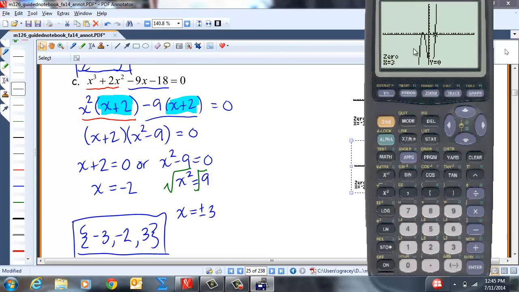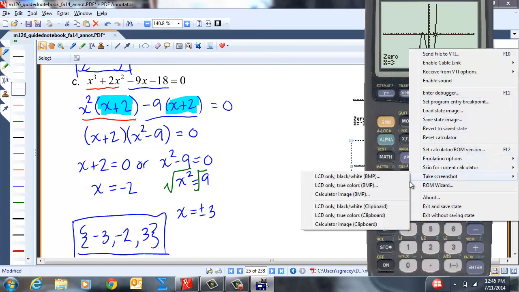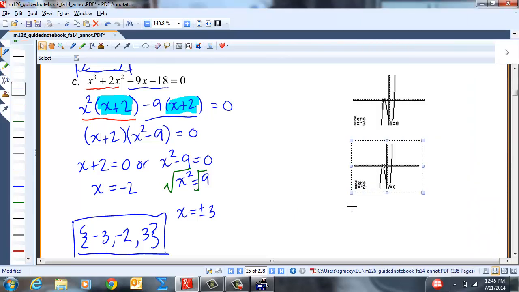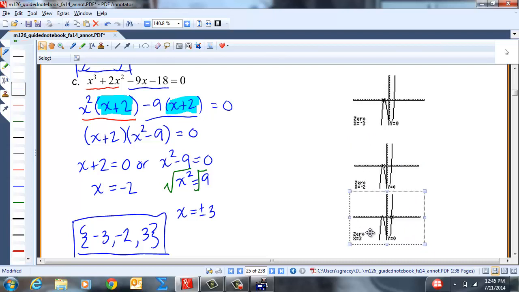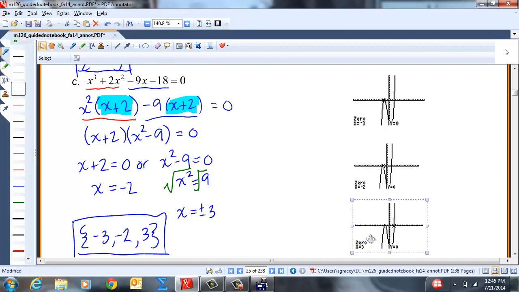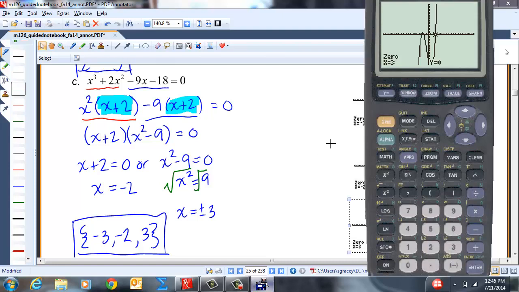And it landed right at the 0. And our original that we had entered in, and our y equals was this.